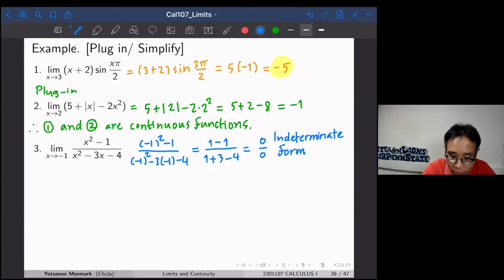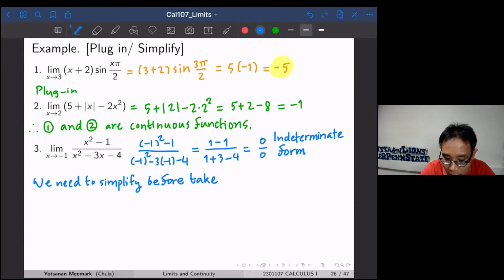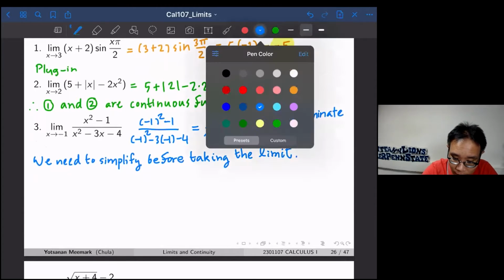In this case, we can compute the limit by simplifying. We need to simplify before taking the limit first.